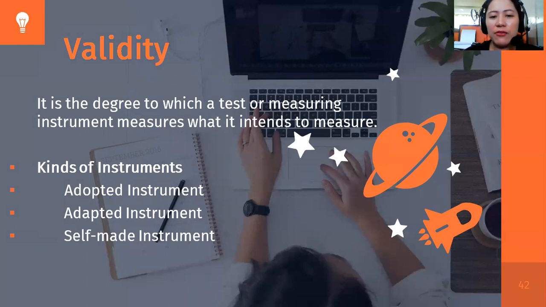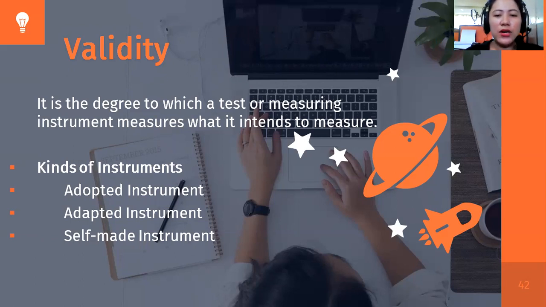So if the instrument is in the right position to measure what ought to be measured, or you can gain the data needed for your research through that set of questions, then that is considering the validity of the research instrument.